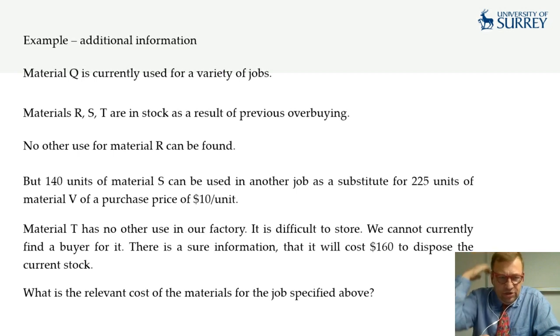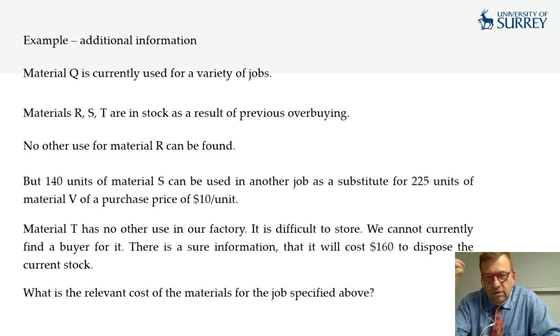So the question is, what is the relevant cost of the materials for the job specified above, and then we calculate our cost price for the job. In normal circumstances, I give it to students, and it takes at least 10 minutes for everybody to calculate.